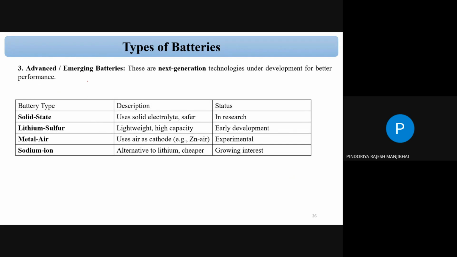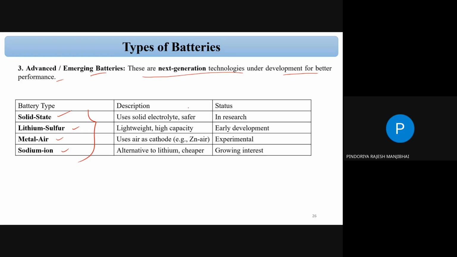Advanced or emerging batteries. These are next generation technologies under development for better performance: solid state battery, lithium sulfur battery, metal air battery, and sodium ion battery. This whole type of battery is still not used commercially. It is only research work.